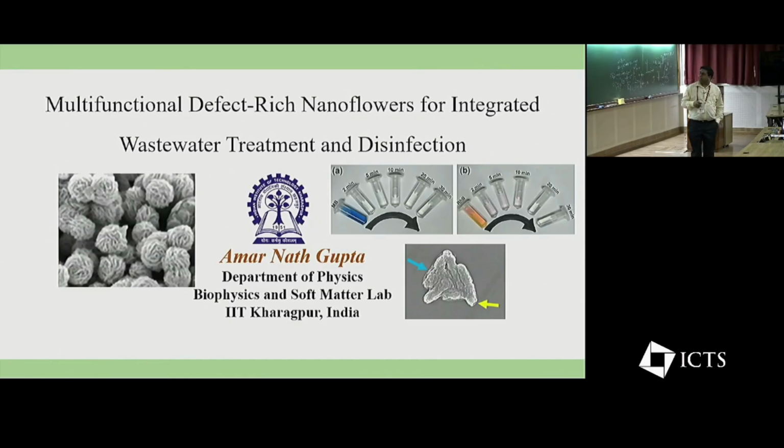This is totally experimental work, but we have contacted the chemistry department for some atomistic molecular dynamics simulation, by which they can show how these nanoparticles or nanoflowers interact with the bacterial cell membrane.